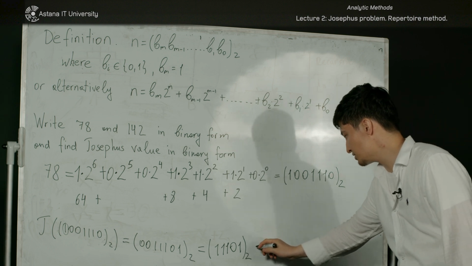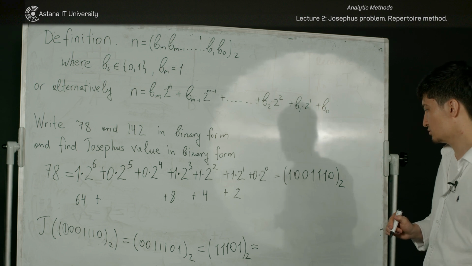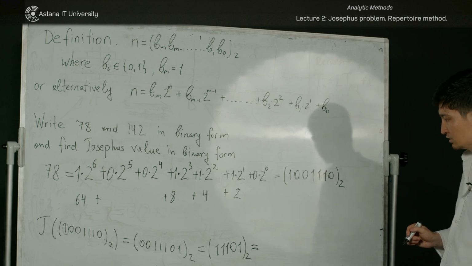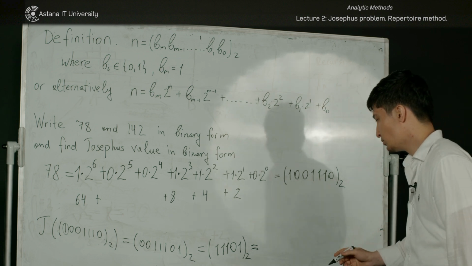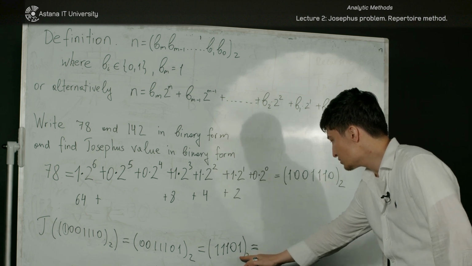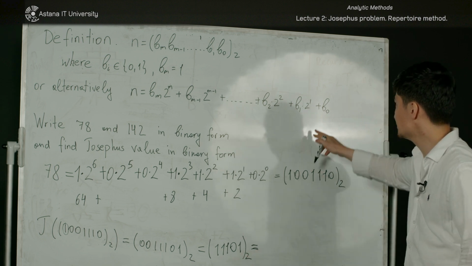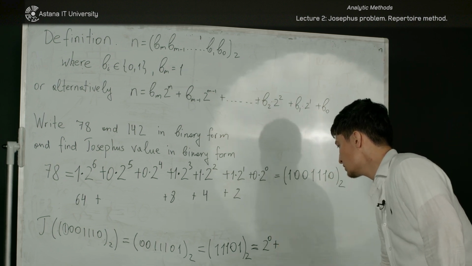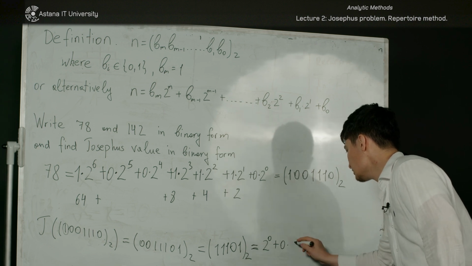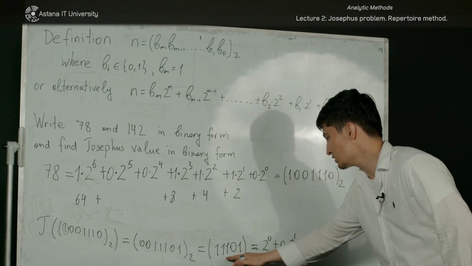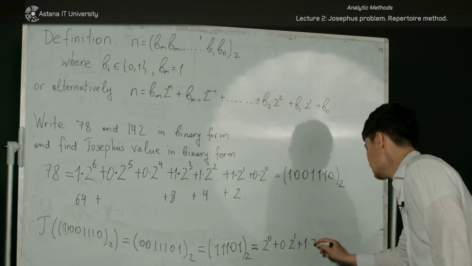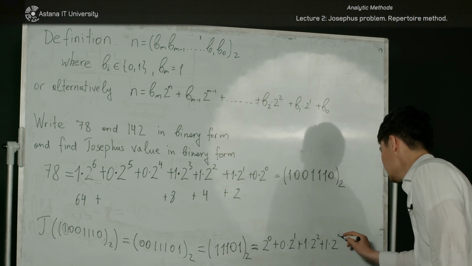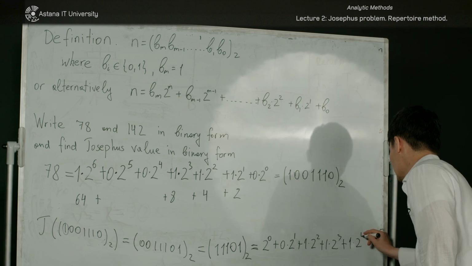Let's convert this back to a number in standard form. This will be starting with 1, which corresponds to b0, so I have 2 to the power of 0, plus 0 multiplied by 2 to the power of 1, plus 1 times 2 to the power of 2, another 1 times 2 to the power of 3, and another 1 times 2 to the power of 4.